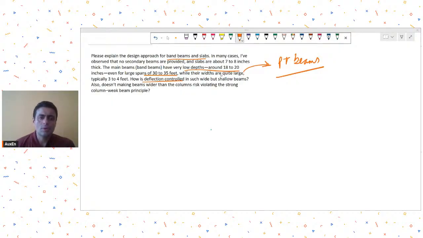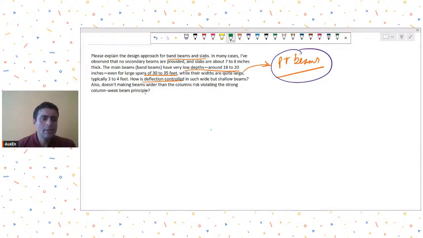If those are PT beams, then the deflection is getting controlled by the PT system. Usually the role of the PT system is mainly to take care of the deflections.